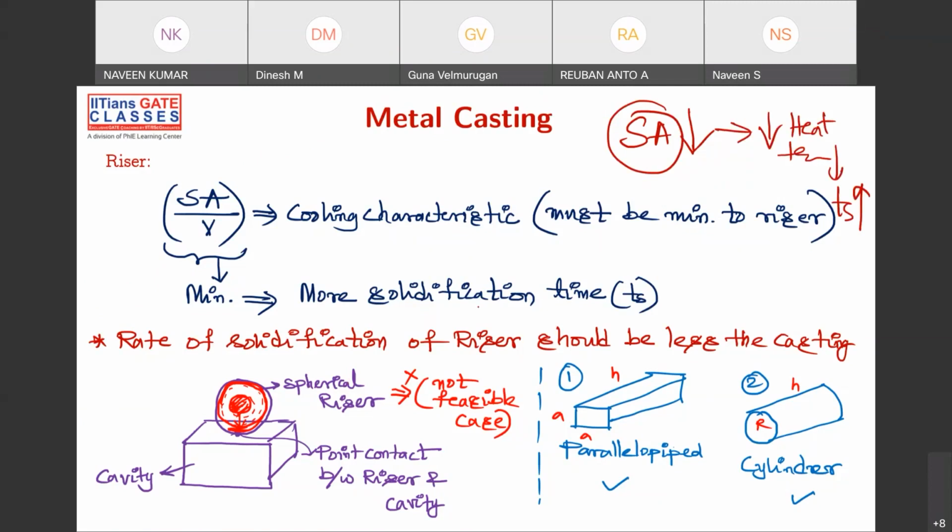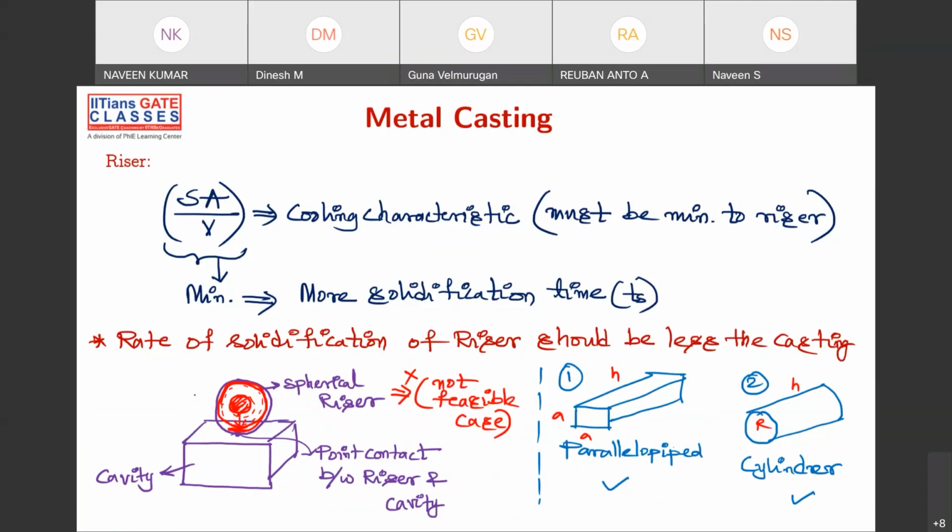Geometry wise, a spherical riser has the least surface area. Even in nature, if we drop a liquid from some height, because of surface tension it forms a minimal surface area shape, that is a sphere.